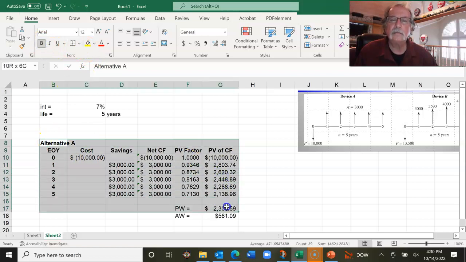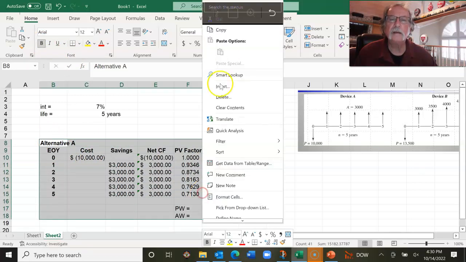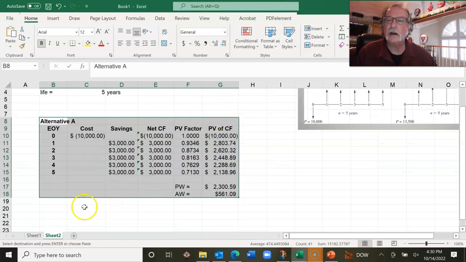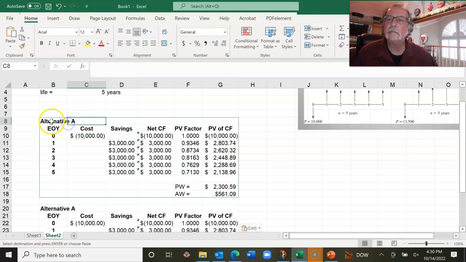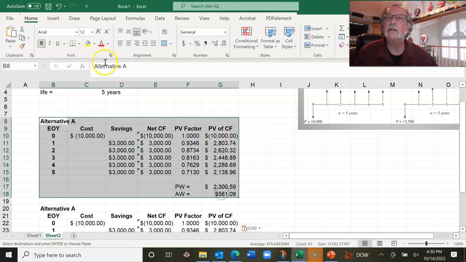Let's look at alternative B, and we can do that real quickly with a simple copy command here. This is what alternative A looks like.